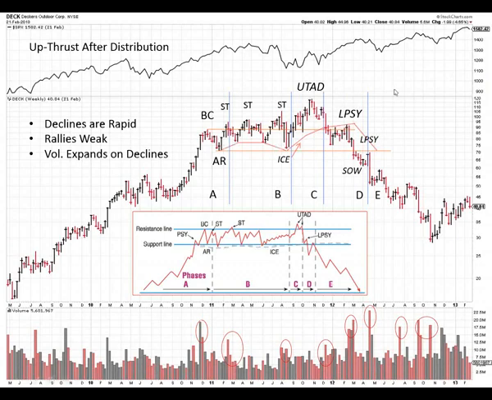If it starts to stall out, that's when you would become concerned and say, maybe this isn't the beginning of a new markup phase. It's an upthrust.